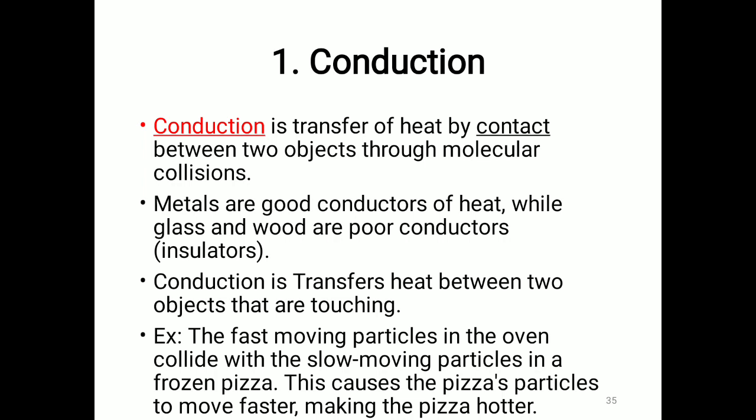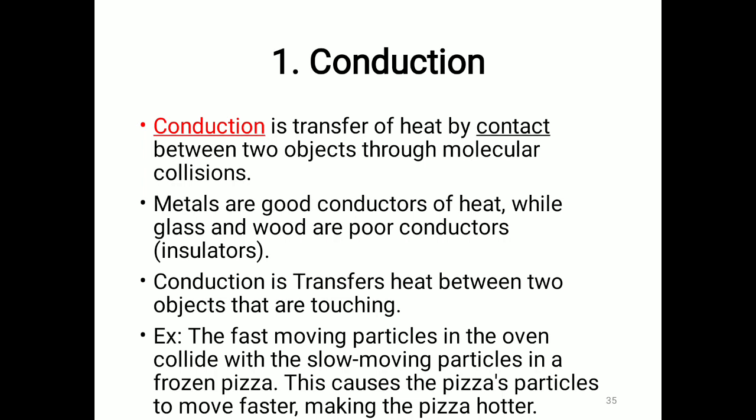Metals are good conductors of heat while glass and wood are poor conductors, insulators. Conduction is transfer of heat between two objects that are touching. If there is a contact between the two objects, from that contact there will be molecular collision, and that will cause the transfer of heat from the higher temperature body to the lower temperature body.